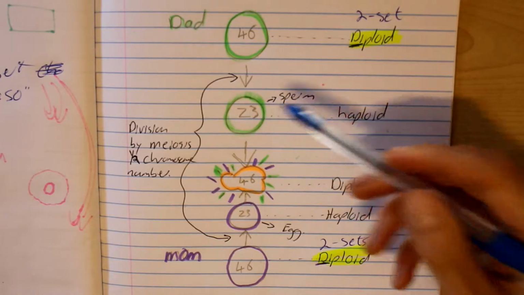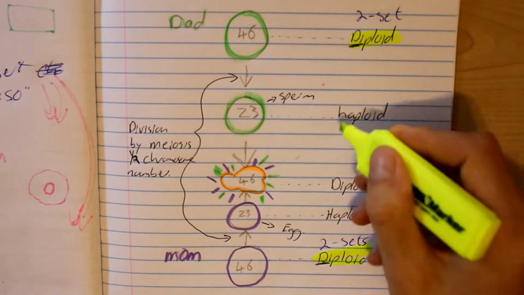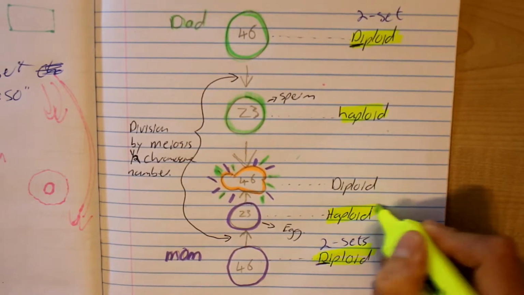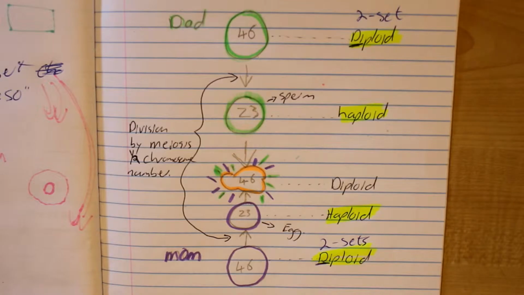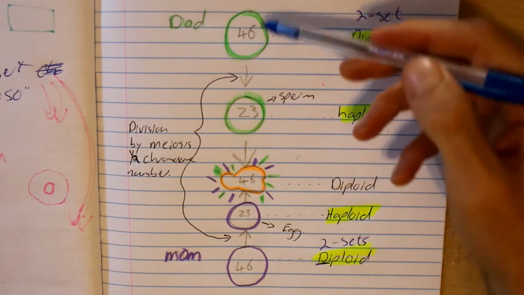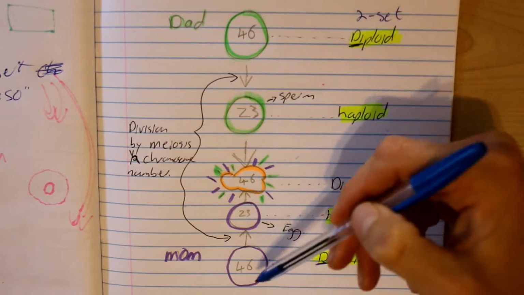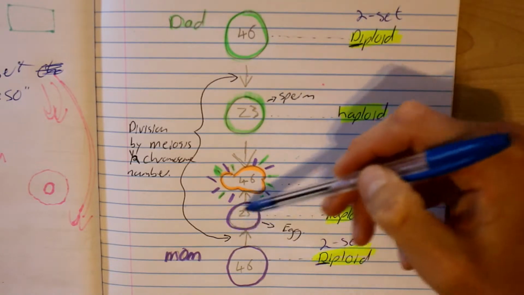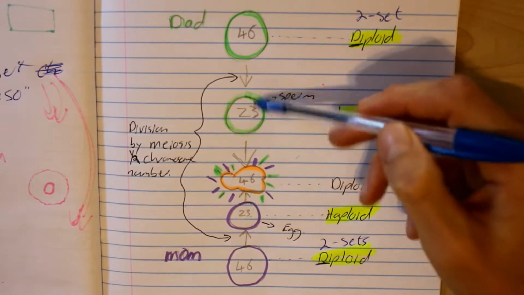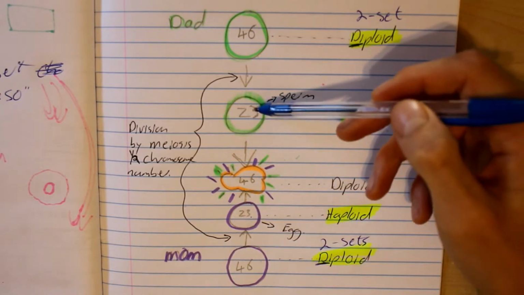These gametes are said to be haploid, which means that they've got one set of genetic information. So certain characteristics of the father cell and certain characteristics of the mother cell get transferred into these haploid gametes.